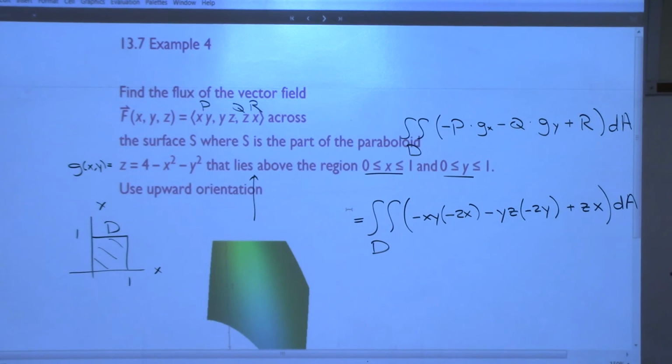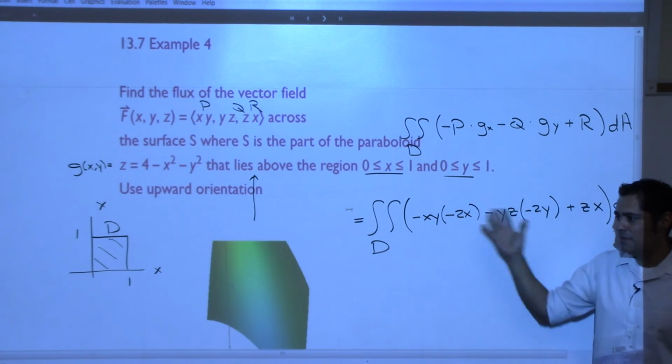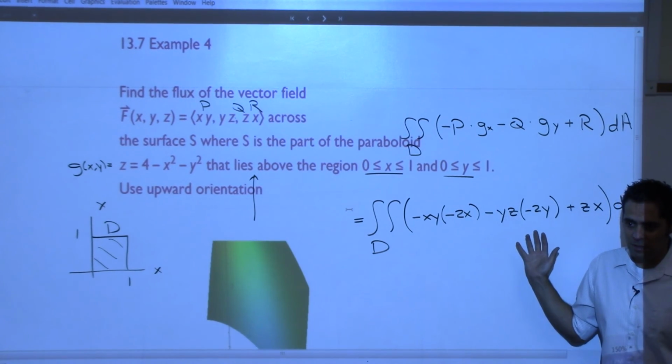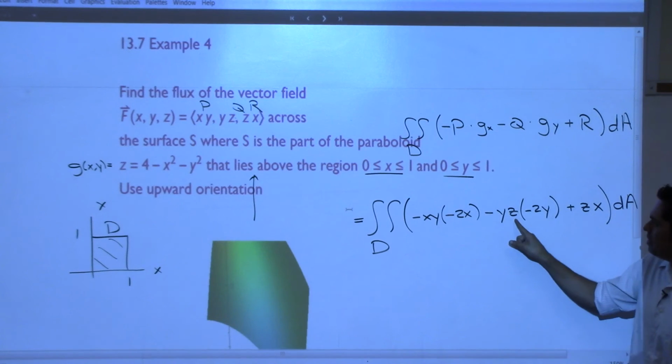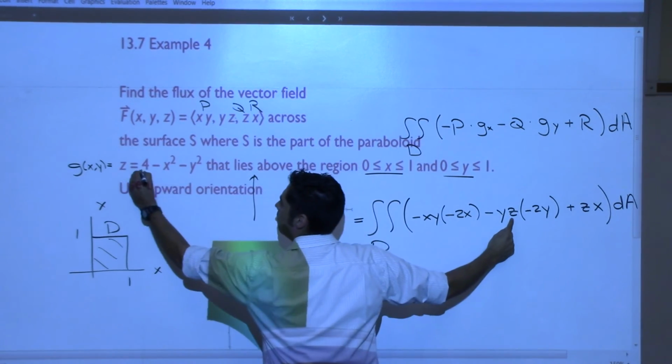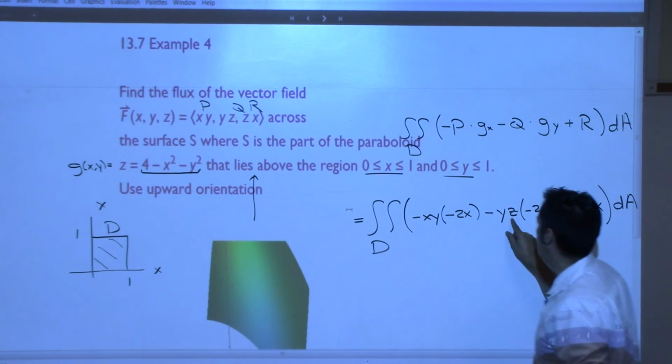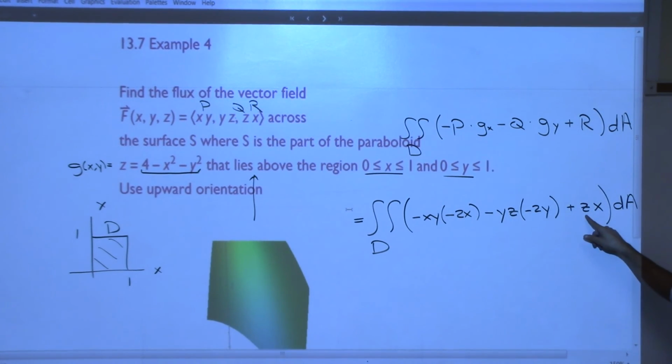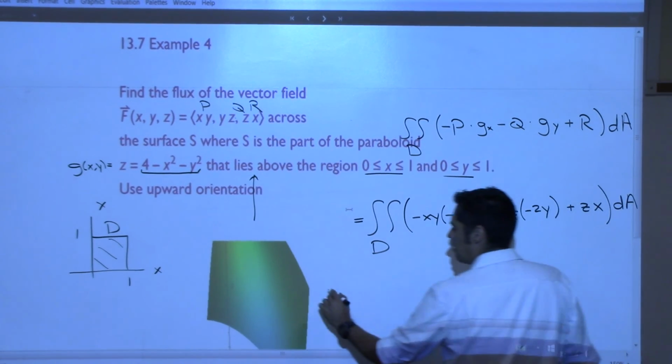Yes. If I'm going to be integrating with respect to x and y, I need all these to be x's and y's. I have a z in here, but z is 4 minus x squared minus y squared. So I'm almost done setting it up.